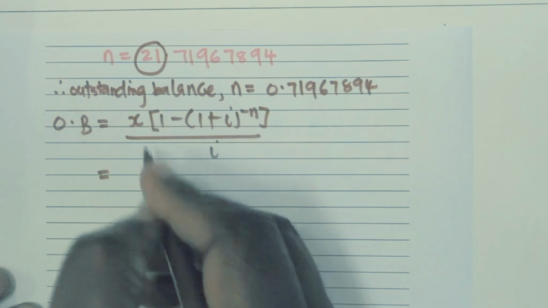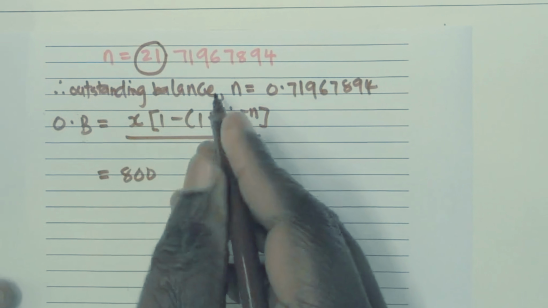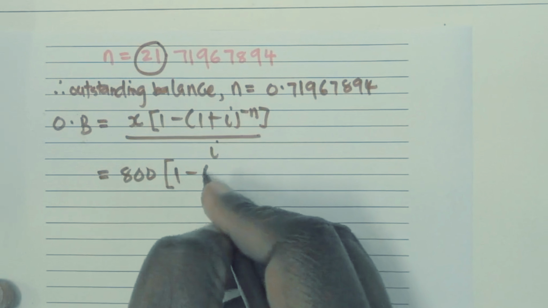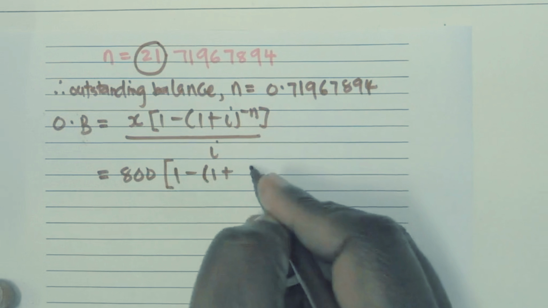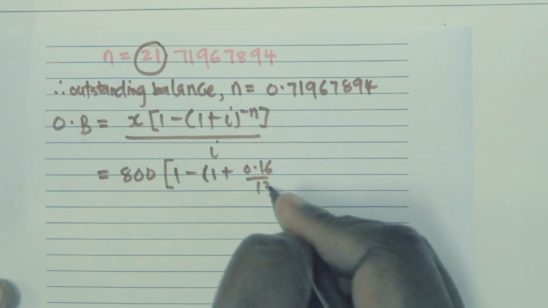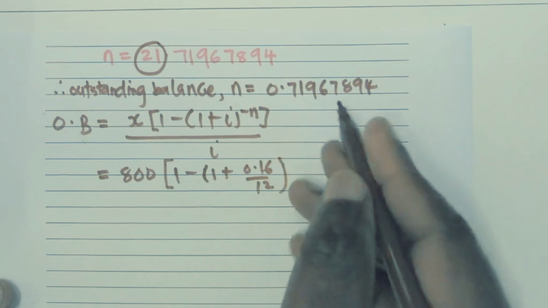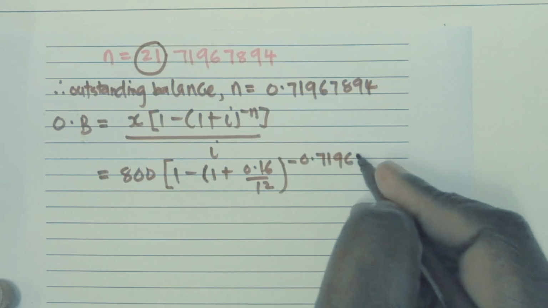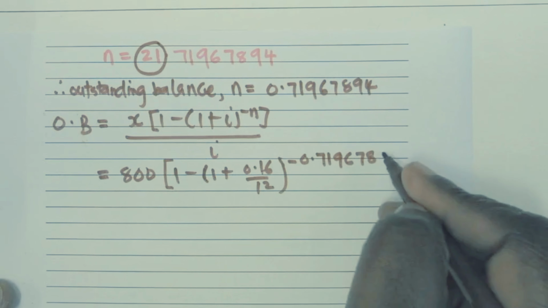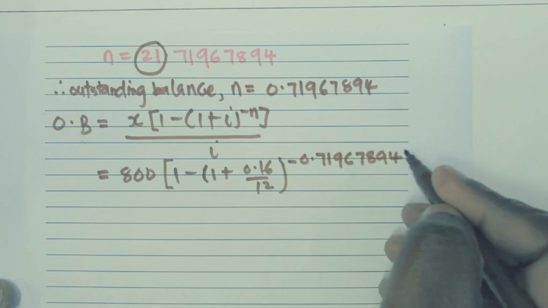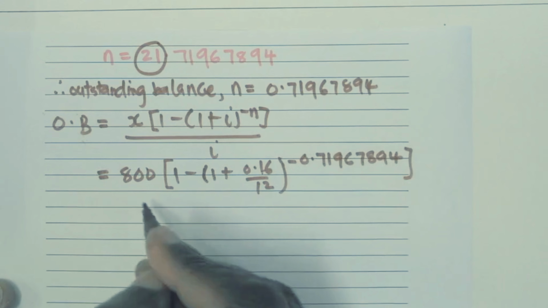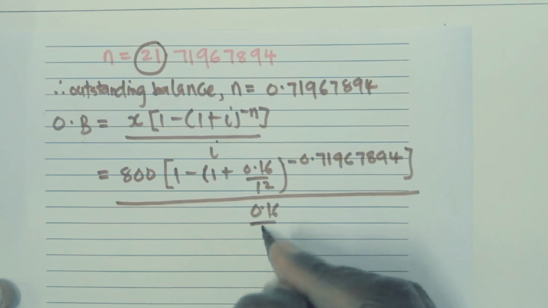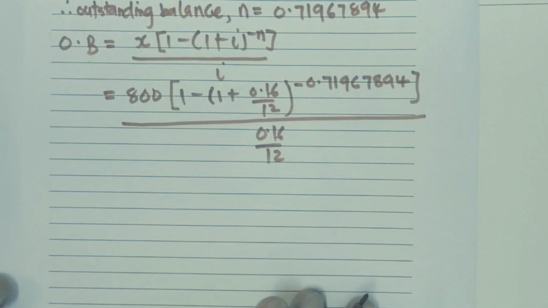If I substitute, this is what I'm going to get. Don't forget to divide by interest, which is compounded monthly.